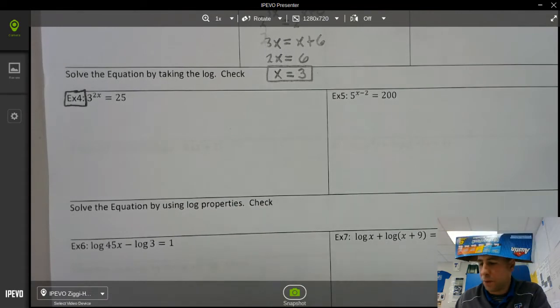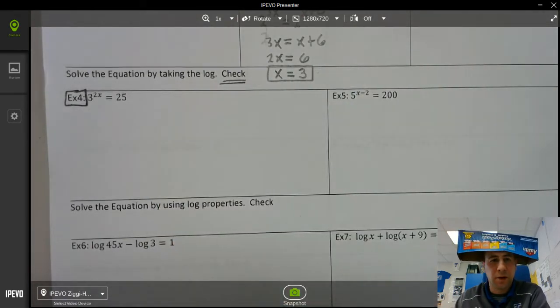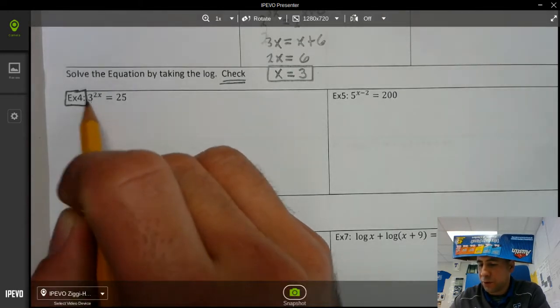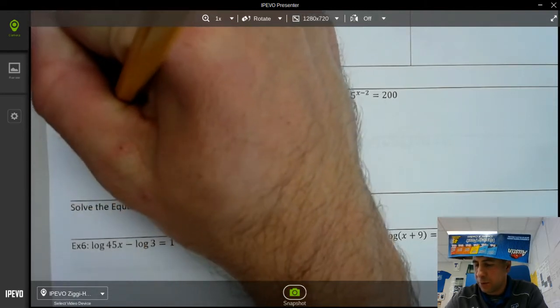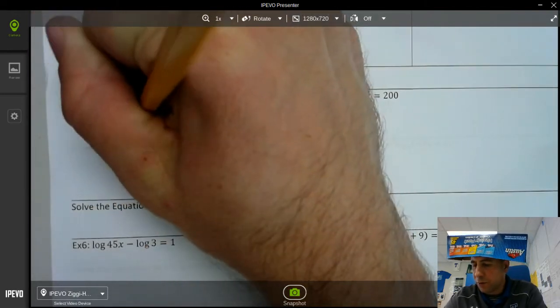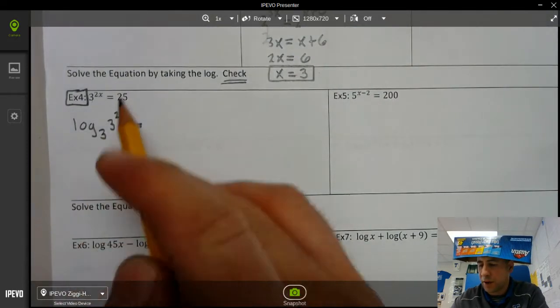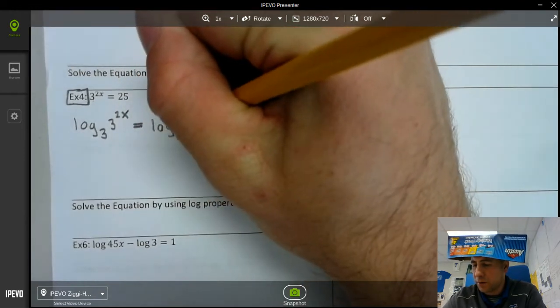All right, example 4. Okay, so solve the equation by taking the log. And then don't forget to check. Okay, so we see that the base of the exponential is 3, so we're going to take the log base 3 to both sides. Now remember, if it's an equation, you can do whatever you want as long as you do it to both sides. So since I took the log base 3 of the left side, I'm going to take the log base 3 of the right side.